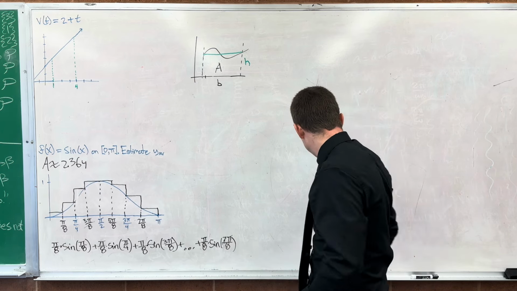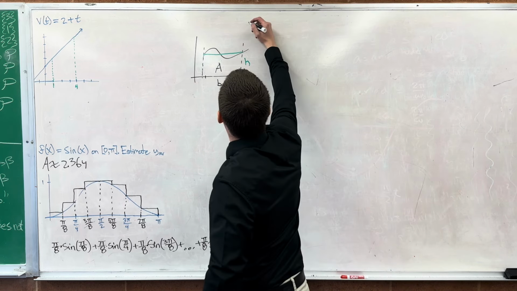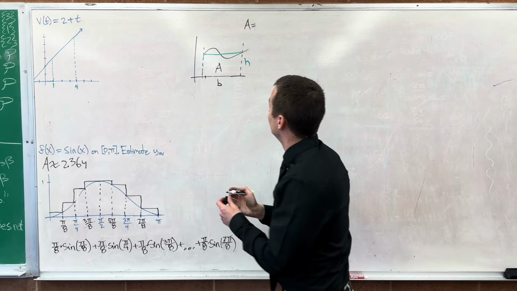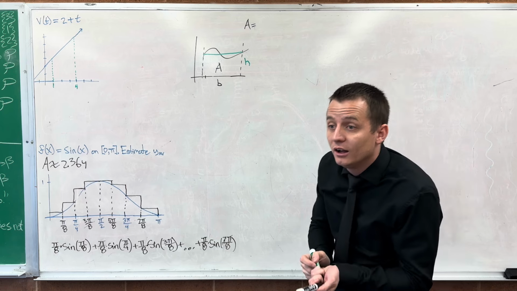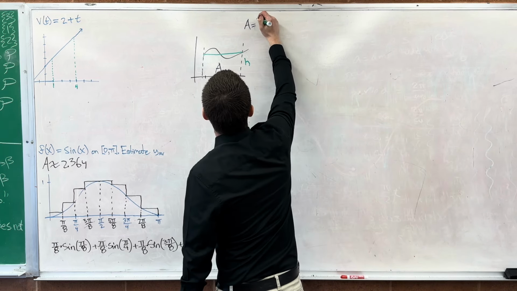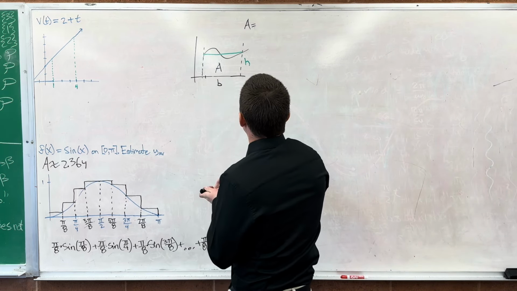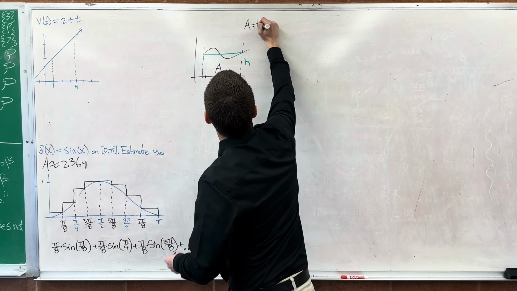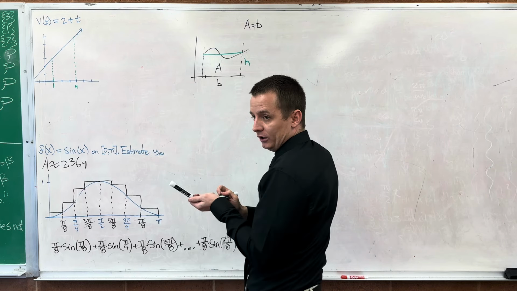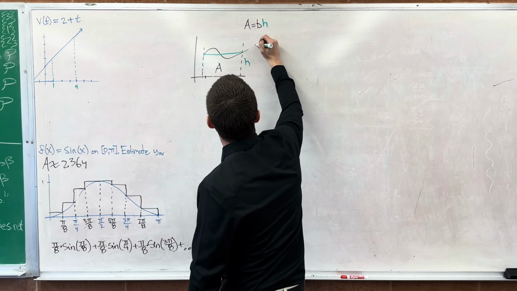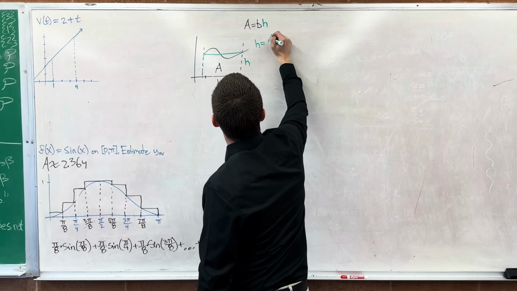You know that the area has to be equal to what? How do you get the area of a rectangle? B times H. So H is A divided by B. Perfect, you see it. So the area has to equal B times H, the H that we're looking for. So H, in that case, has to be A over B.